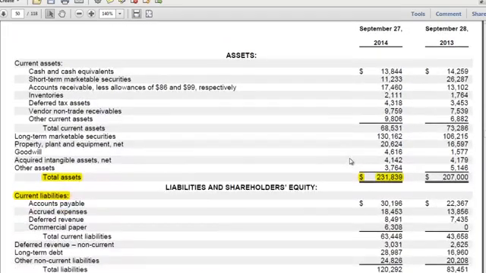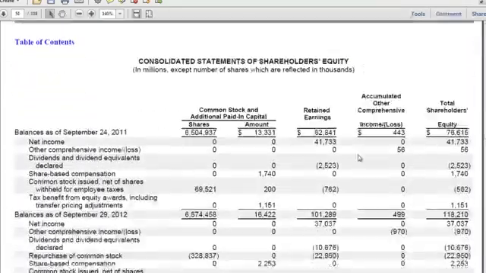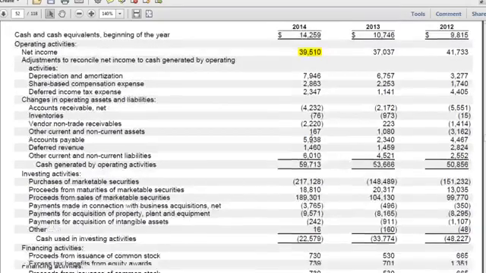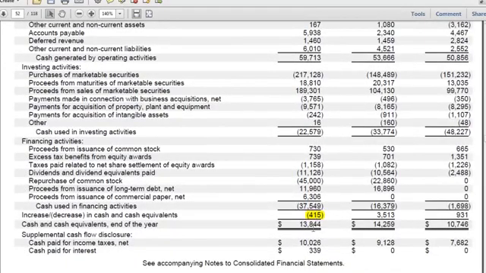So some people would say, okay, how come? You made $39 billion of net income. How come your cash went down? The cash flow statement basically explains the change in cash. Starts out with net income. Here are all the different adjustments, and their cash did go down, so this is now their ending cash balance. Then you can scroll back up and say, well, what caused their cash to go down?